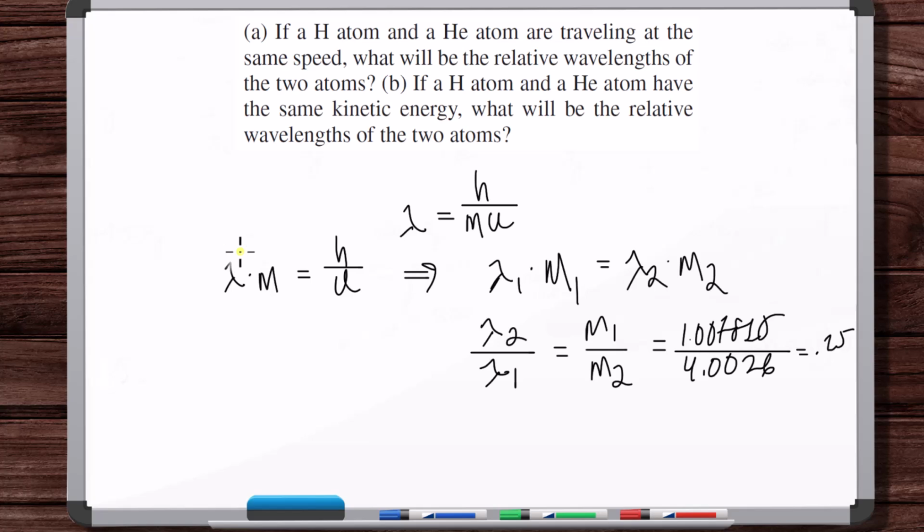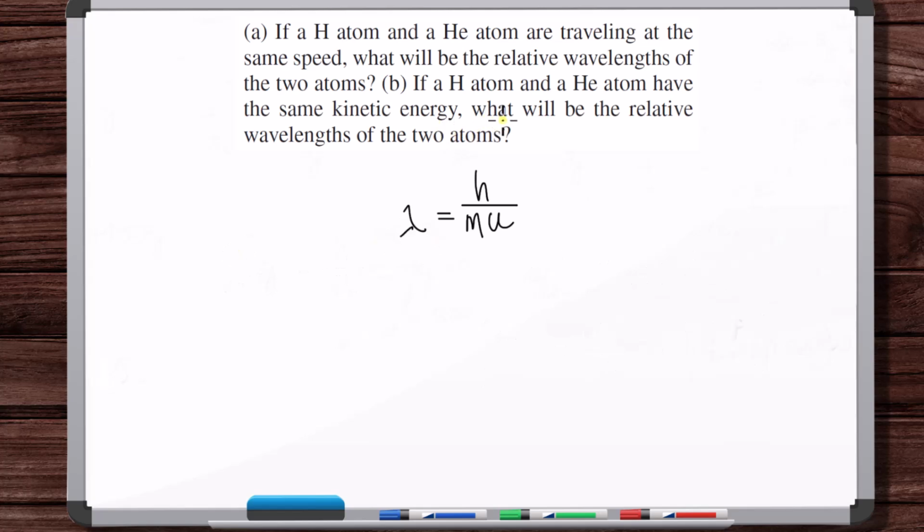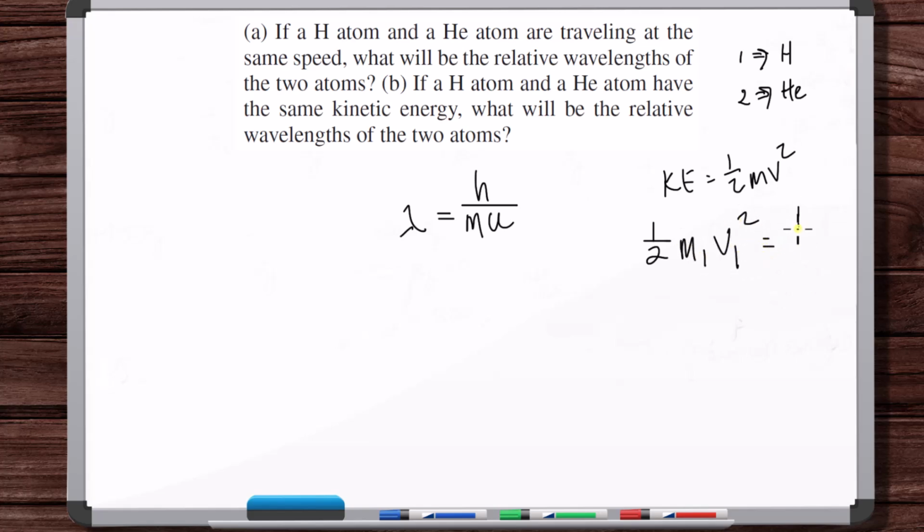Okay, now for part B, if they have the same kinetic energy, being 1/2 mv squared. Let's say that 1 is hydrogen and 2 is helium. So 1/2 m1 v1 squared is equal to 1/2 m2 v2 squared.